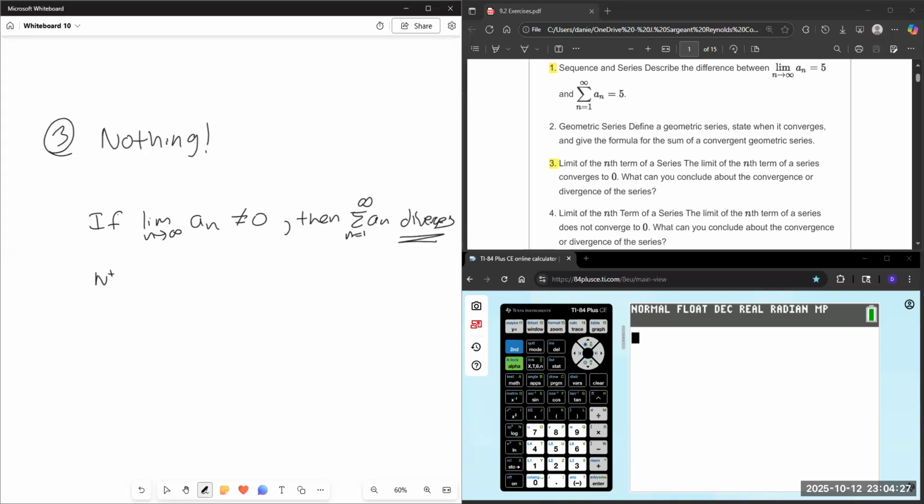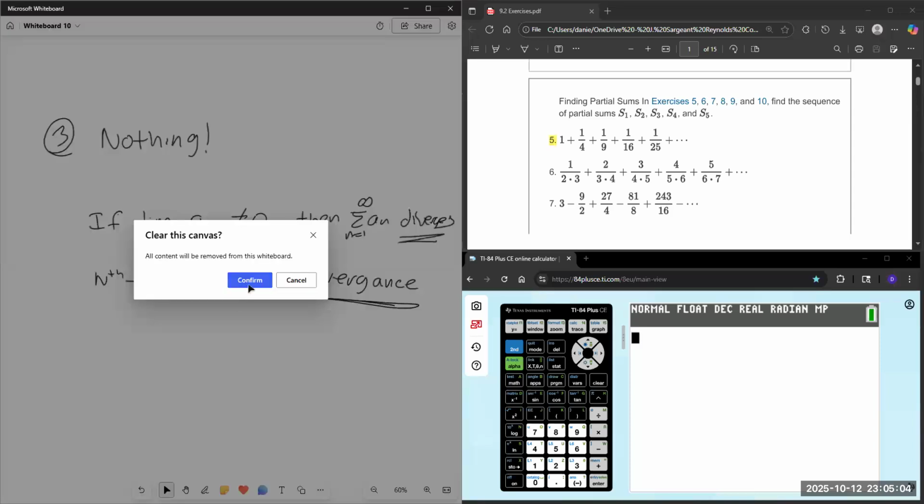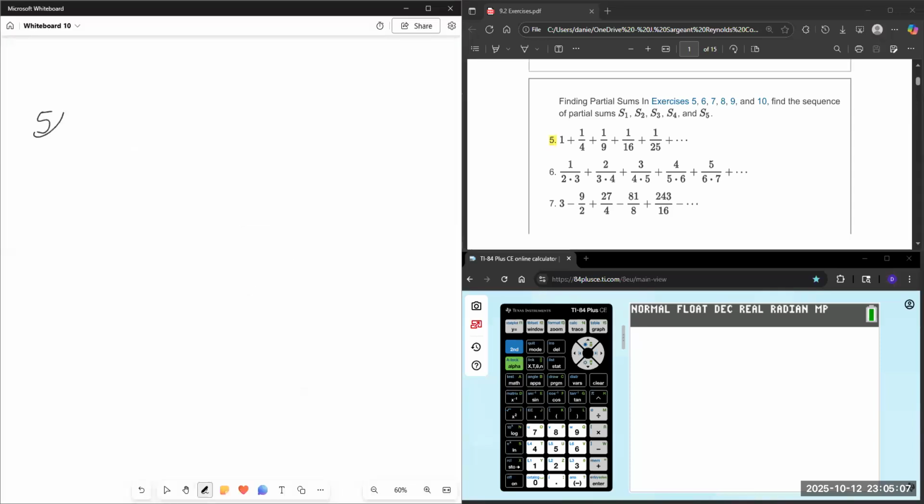So we can say nothing about what the series does if the nth term goes to 0, and we can only say that if the limit of the nth term goes to something other than 0, that the series diverges. Okay, let's go ahead and look at some examples here for number 5.